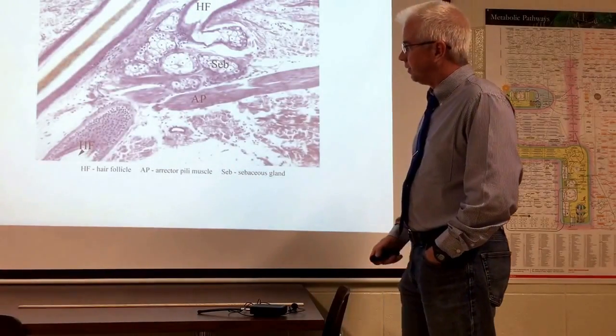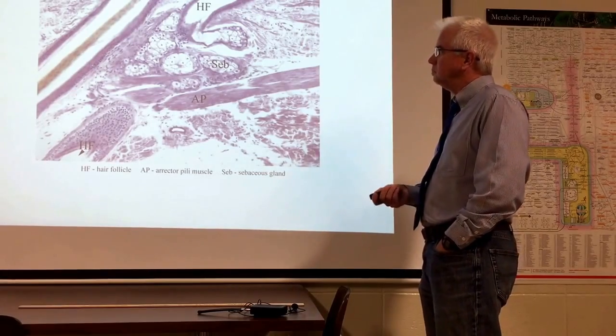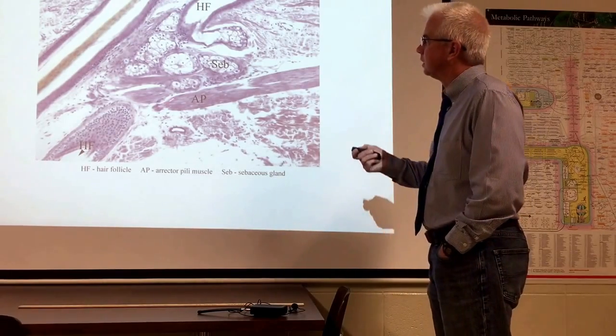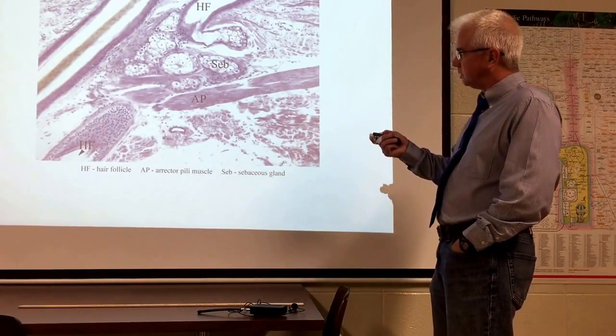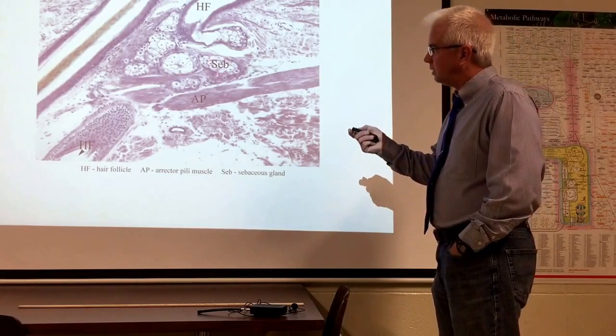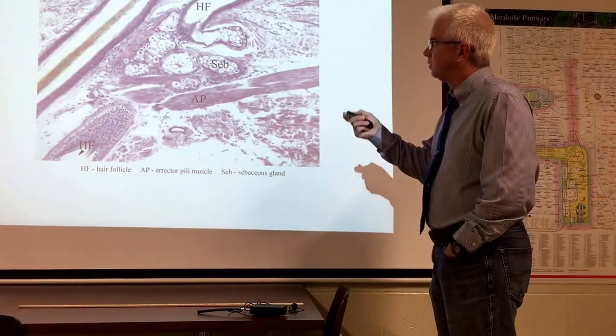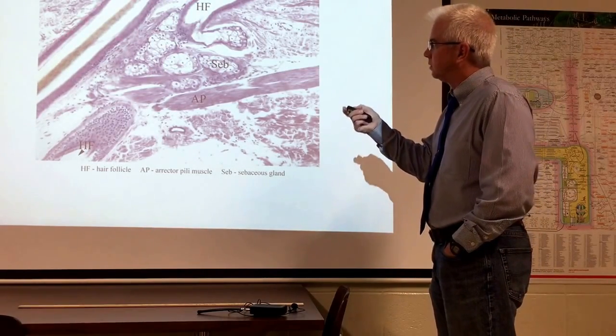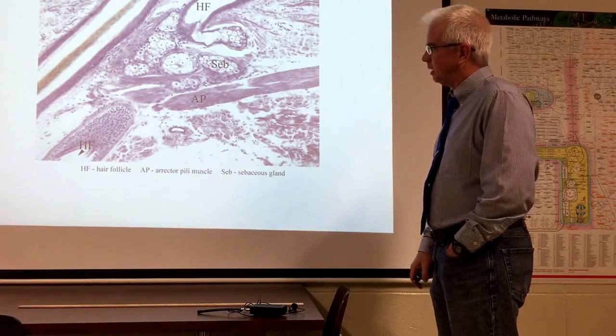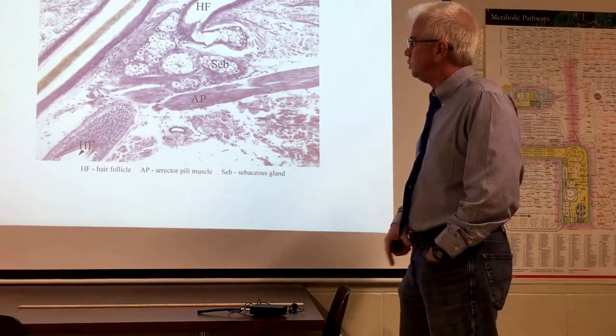All right. Now, this is a histology section moving us toward the erector pili muscles, and I want you to see a couple of things here. The first thing that you will always see associated with the hair, so there's your hair follicle, are these sebaceous glands. And I showed these to you before.